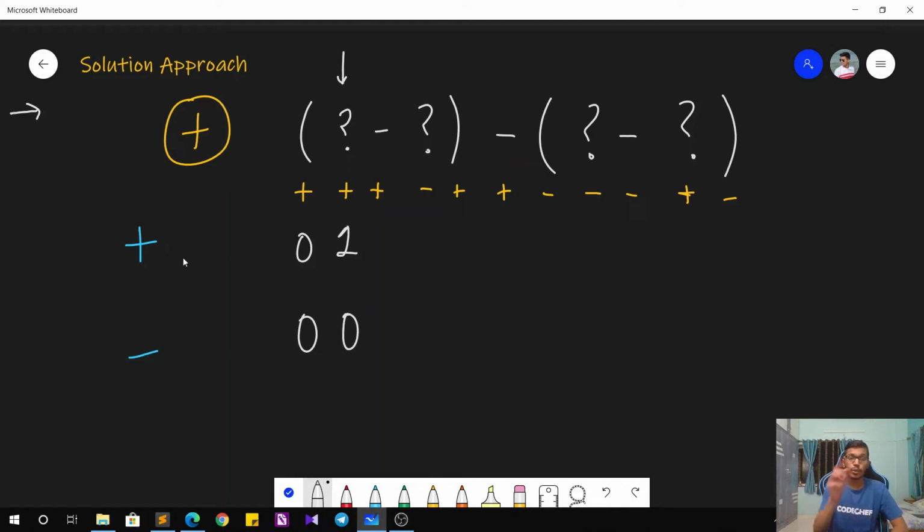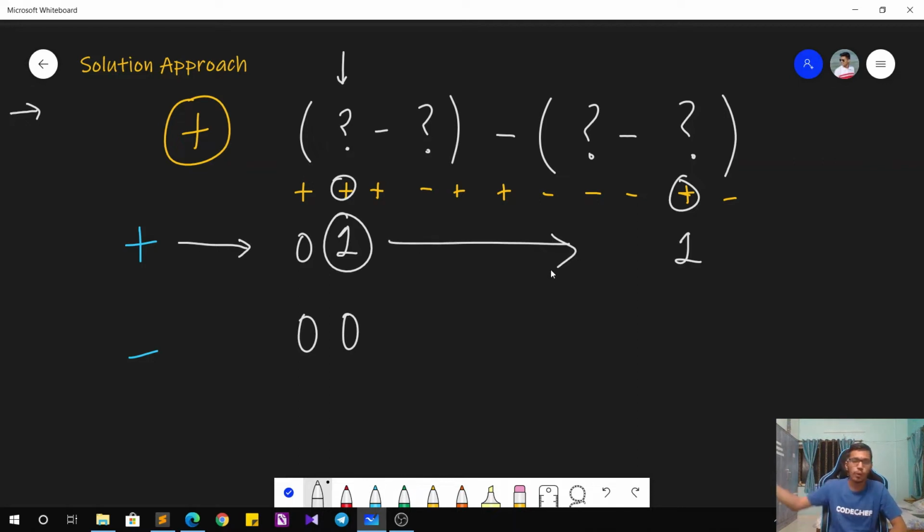One more thing: when we are filling this array, we will make sure that we are also taking prefix sums. You might be wondering why. Can't we just add 1 where all the pluses are present, like here plus is present, so I write 1? No, if I do that, the effect of this one won't be propagated forward.